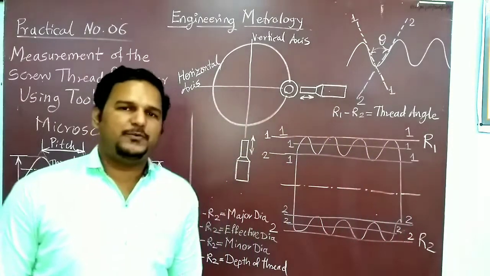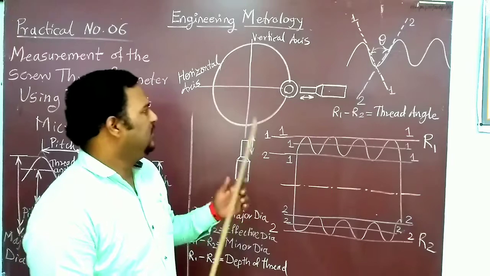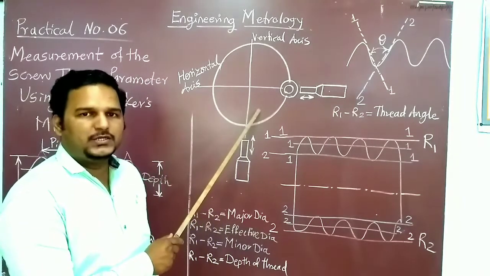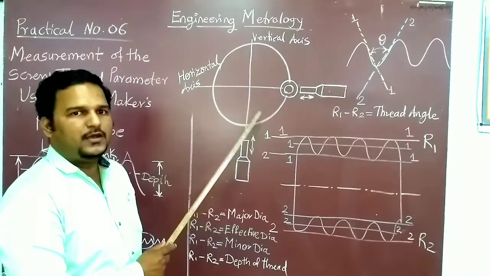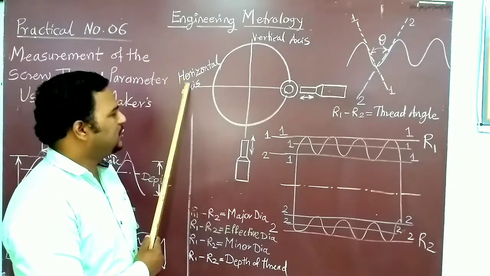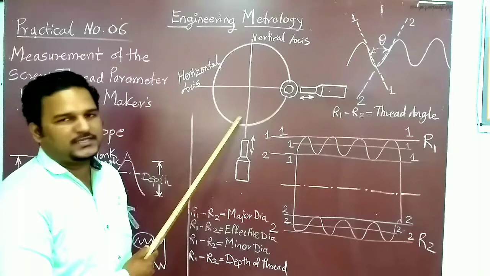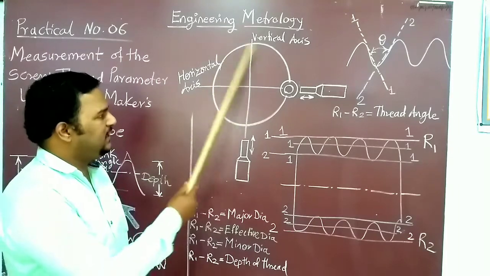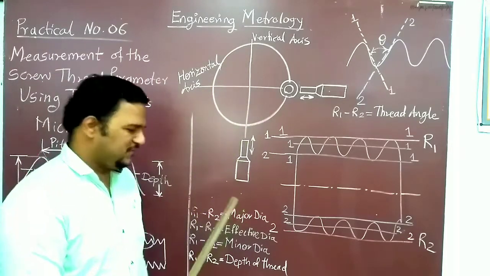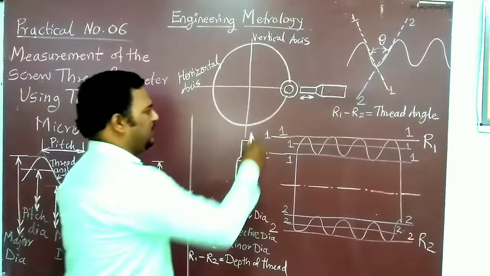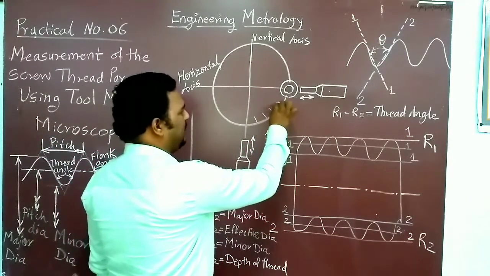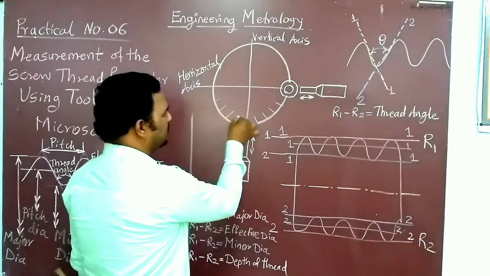For the optical profile projector, one thing to be clear is the display. On the optical profile projector, we have the circular display. On that display, we have two axes, horizontal axis and vertical axis. Plus that display has the graduations for the angular measurement.